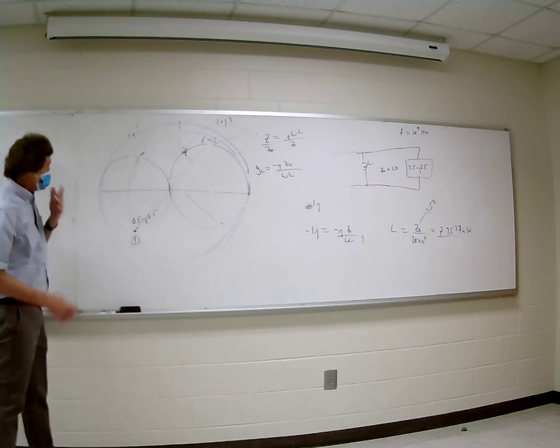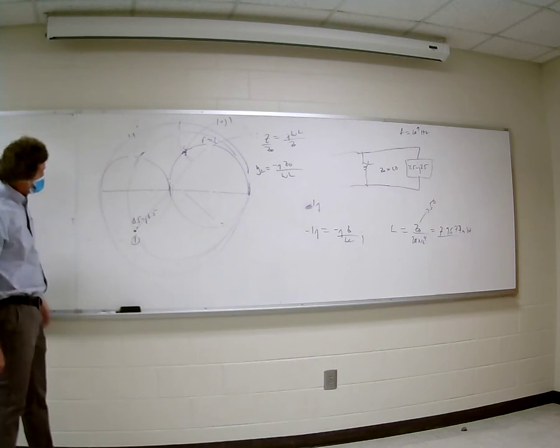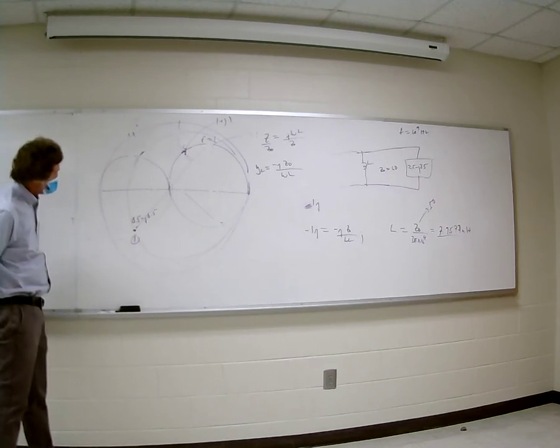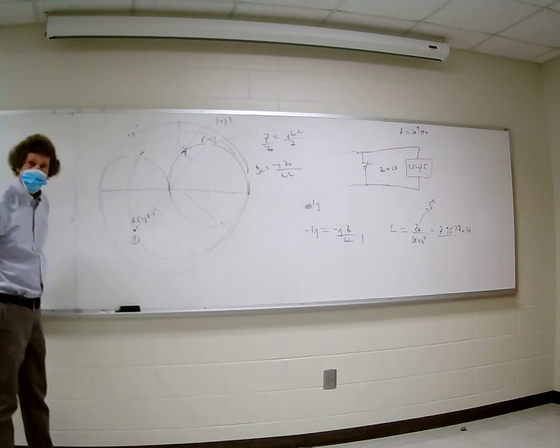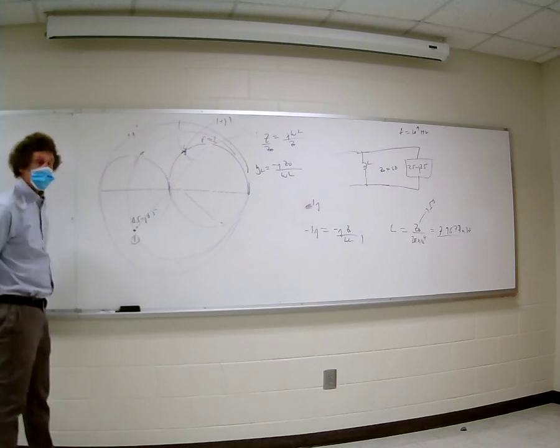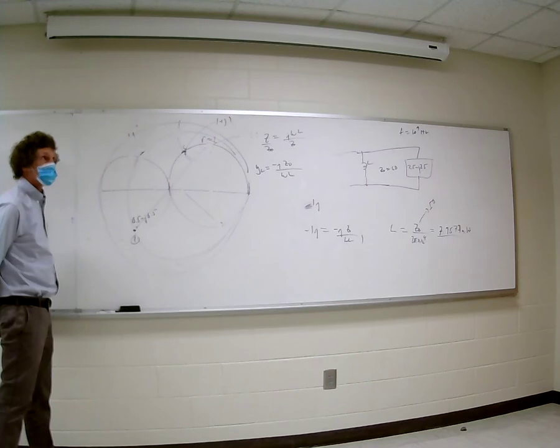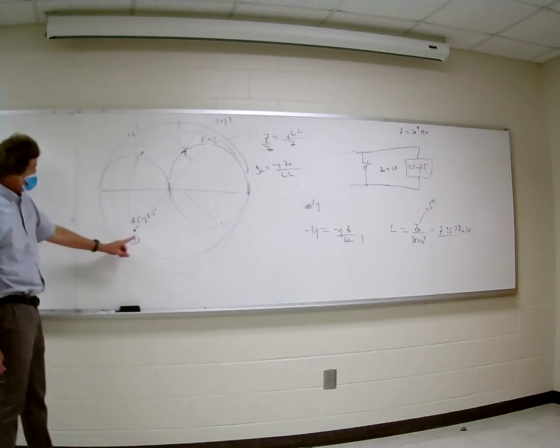Take 1 over that. It's 1 minus J1, or 1 plus J1, right? Yes. All right, that's the normalized impedance right here.